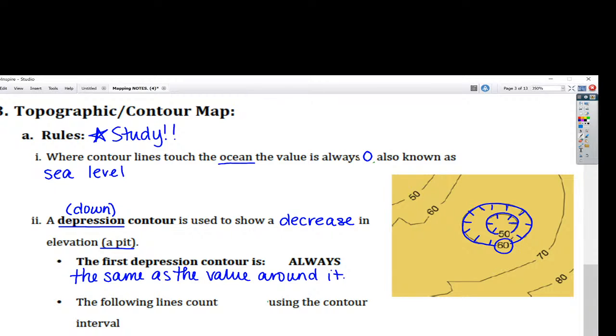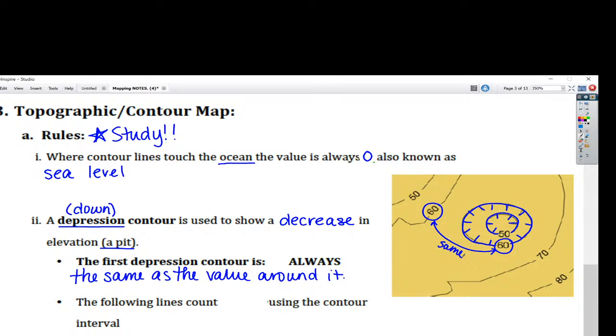And the value of the one around it is also 60. So these are the same. And so that's what I'm referring to in that rule. So 60 and 60. The function of this line is to tell you where the perimeter of the hole is. So if you followed this map, you would know exactly where to find it and exactly how deep the hole is.